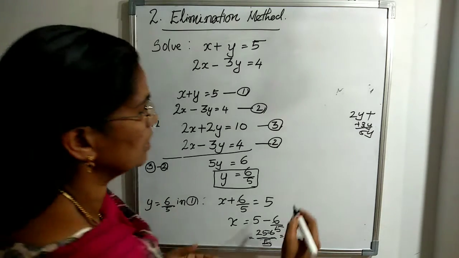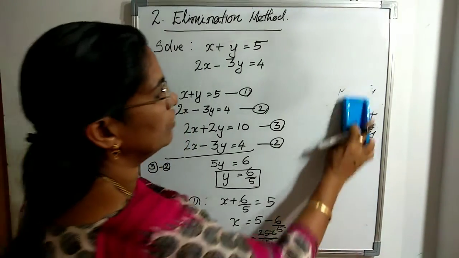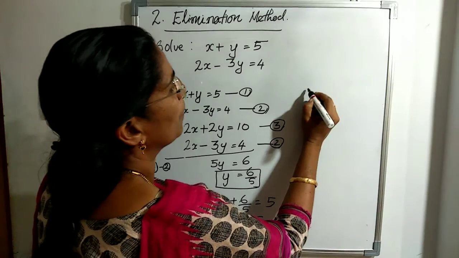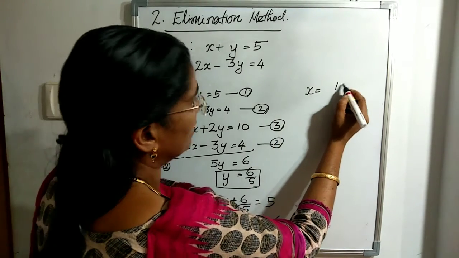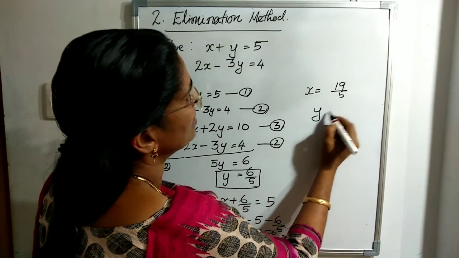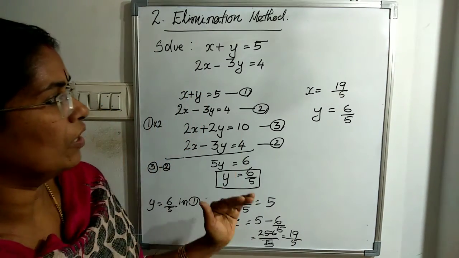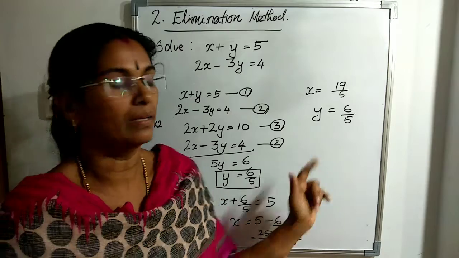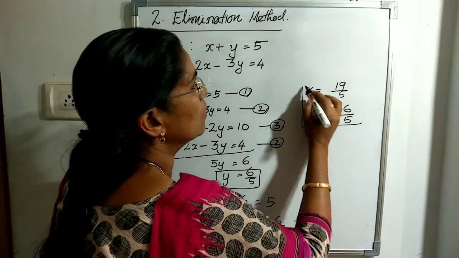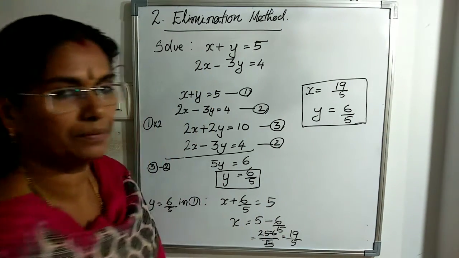Now we have the value of x as 19 by 5 and y is equal to 6 by 5. By eliminating and solving, we got the values of x and y. So this method is called the elimination method.